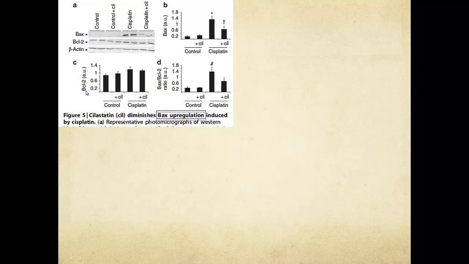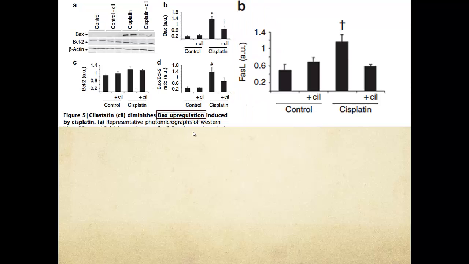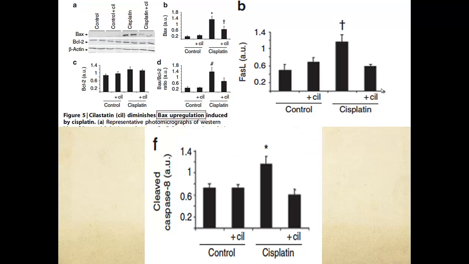And so is the BCL2, as you can see here. FAS ligand is more expressed in cisplatin versus cisplatin and cilastatin combined. And cleaved caspase 8, again more expressed in cisplatin versus cisplatin and cilastatin combined.